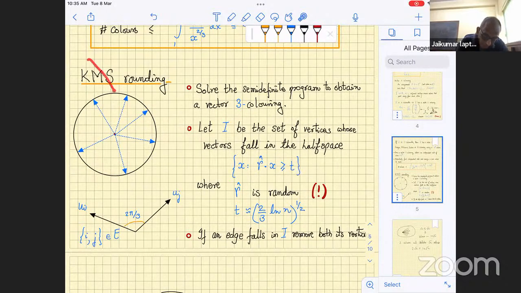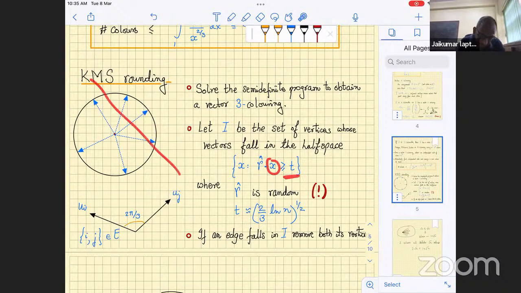So we look at all those vertices which are on this side of this hyperplane, shifted by t. How do we choose a hyperplane? We choose its normal vector, and say that the dot product of your point, this uj, should be greater than or equal to t.